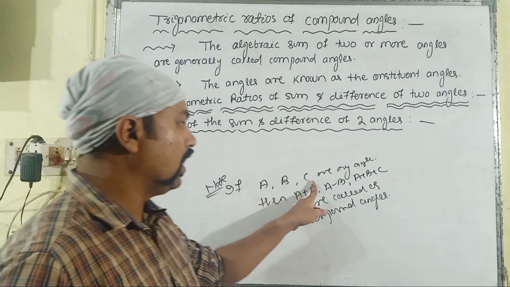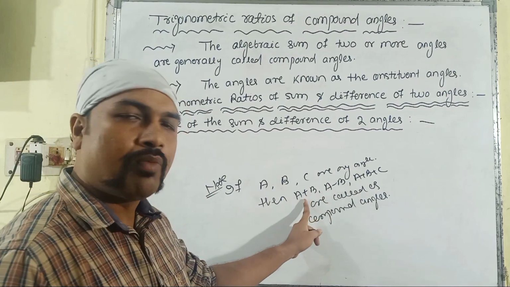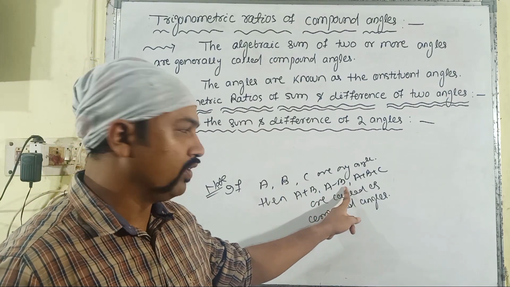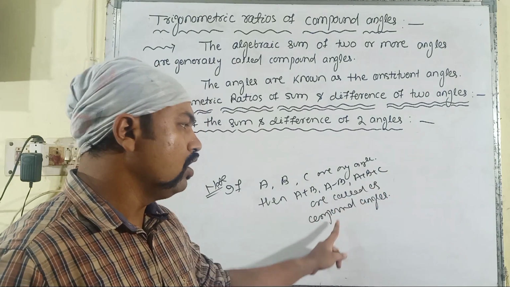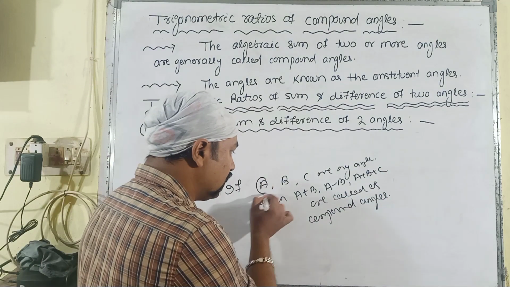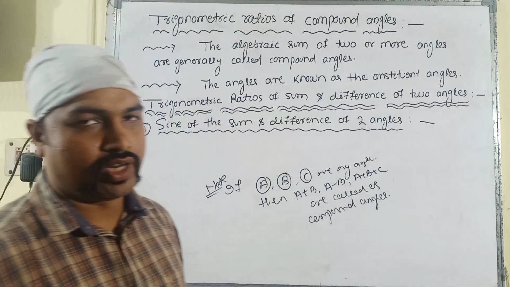If A, B and C are any angles, then the sum of A and B, the difference of A and B, and the sum of A, B and C are called compound angles. And these angles individually are called constituent angles.